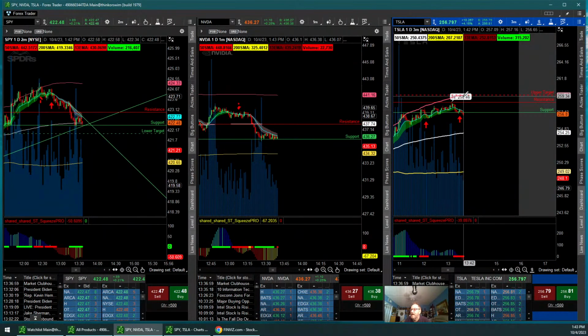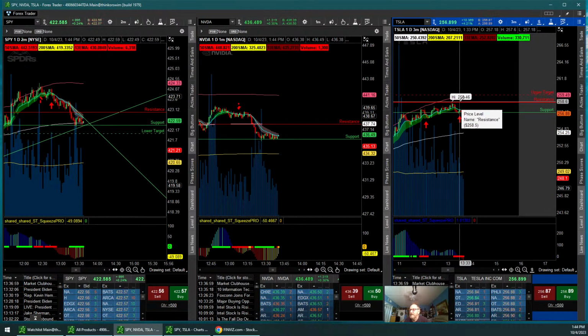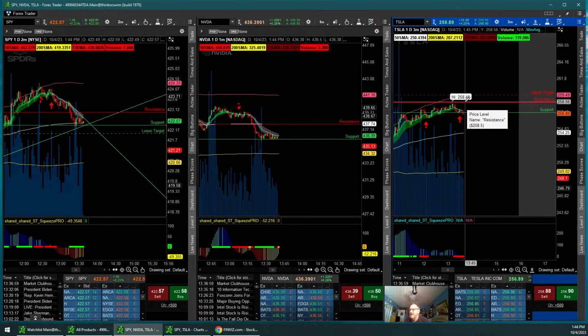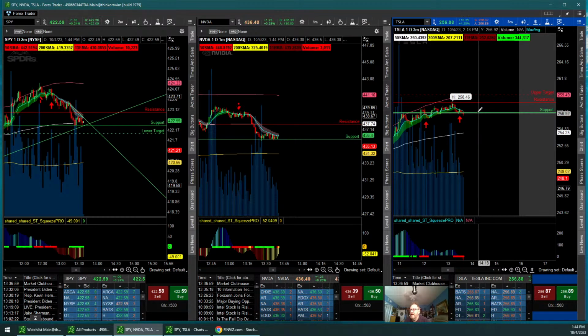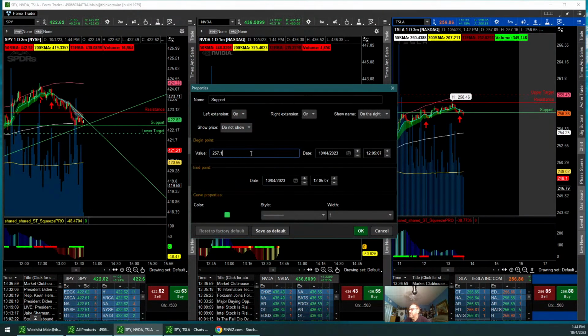That's the top of my upper VWAP plot. That's where I put my upper target. My resistance I put at 258.50. What did I say? 255.25, I mean. 255 and 25 cents, right?